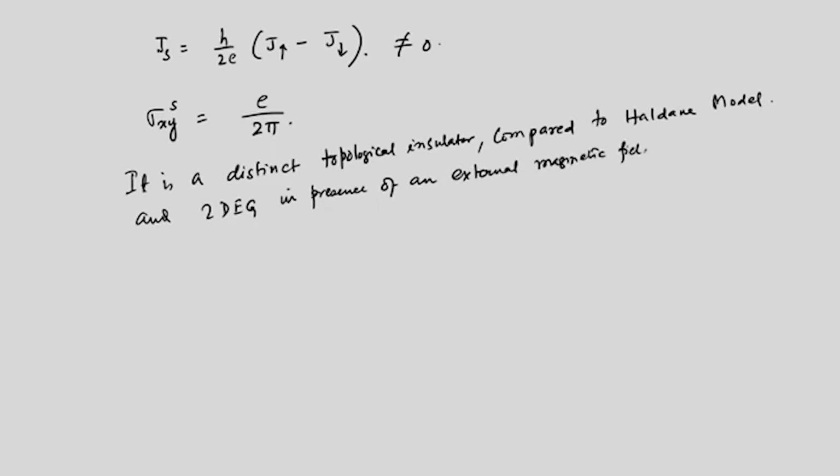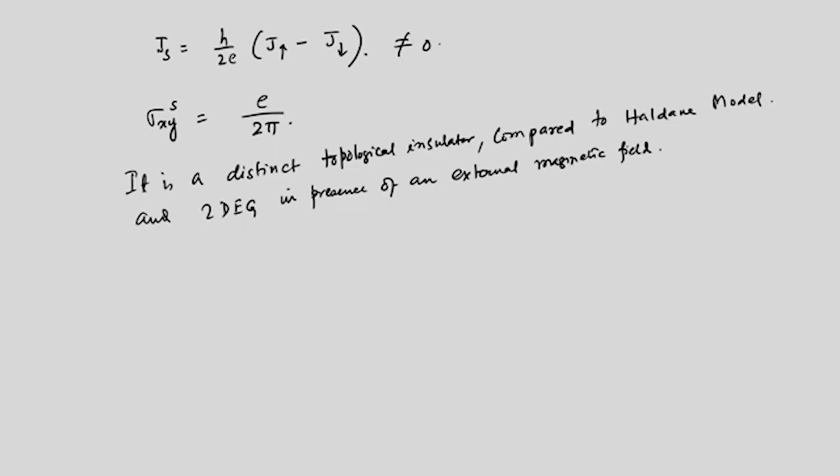Okay. So, this is the new thing that is going to come, and it is a new form of topological insulator, the second kind, so to say, after the ones that we have seen for either a 2D electron gas in an external field or a Haldane model where time reversal symmetry is broken by a second neighbor complex hopping.